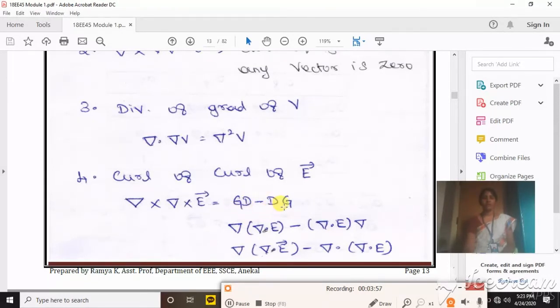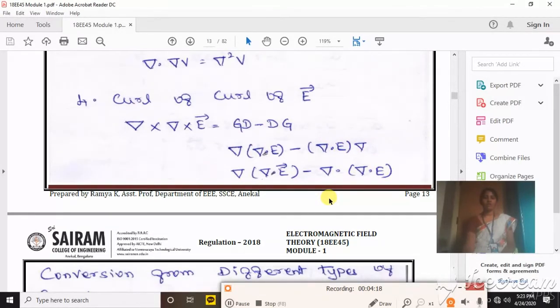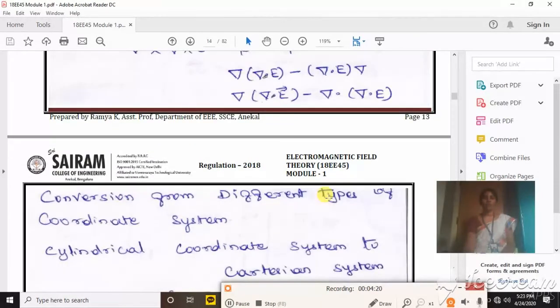Gradient means you use only the del operator. Divergence means the del operator dot product with any vector quantity. So these are the 4 successive applications of your del operator.